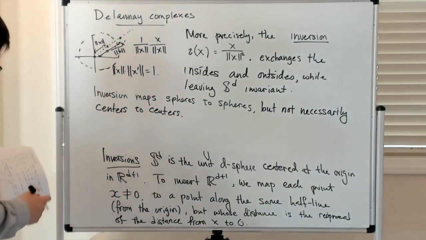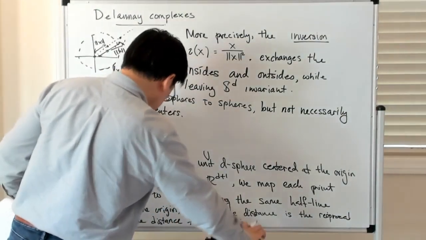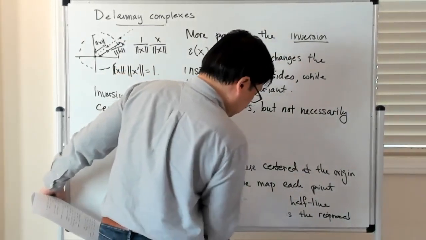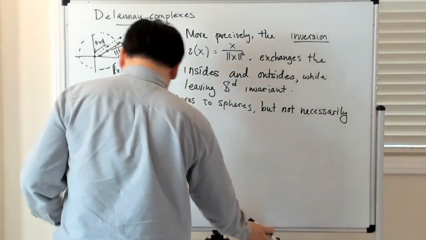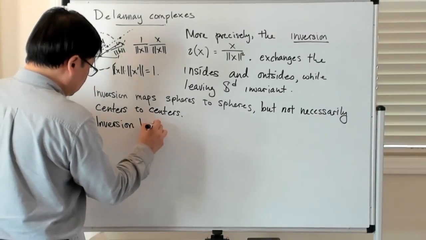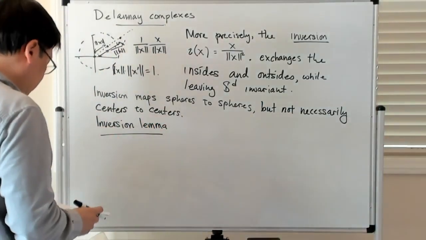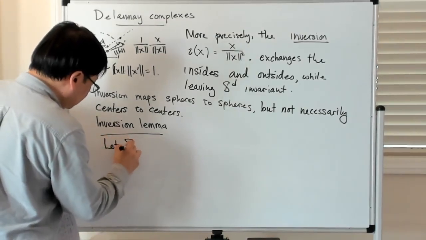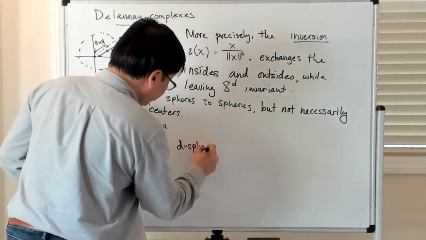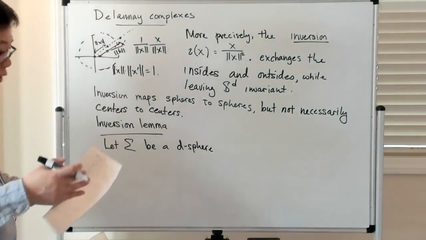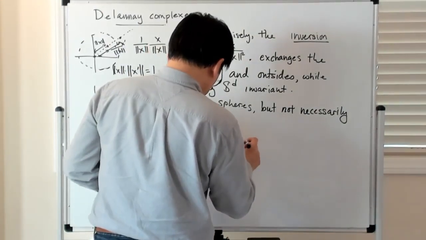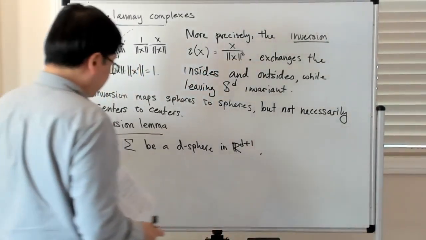Okay, so let me state the inversion lemma for you. Let sigma be a d-sphere in R^(d+1). It doesn't have to be the unit d-sphere centered at the origin. It can be centered anywhere and have whatever radius you want. Then the observation is the following.